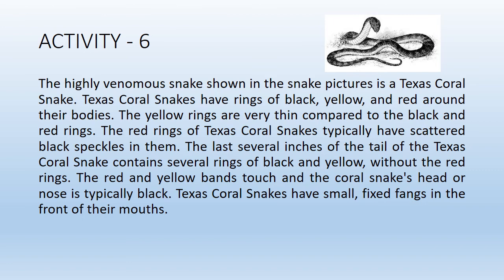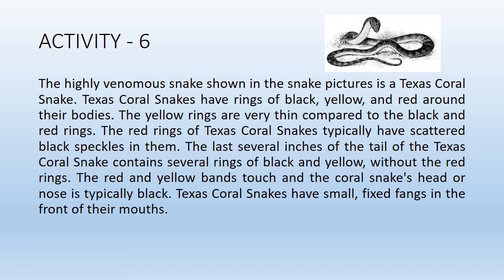The last several inches of the tail of the Texas coral snake contains several rings of black and yellow without the red rings. The red and yellow bands touch, and the coral snake's head or nose is typically black. Texas coral snakes have small, fixed fangs in front of their mouths.